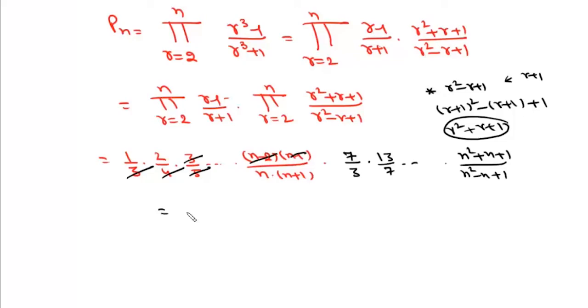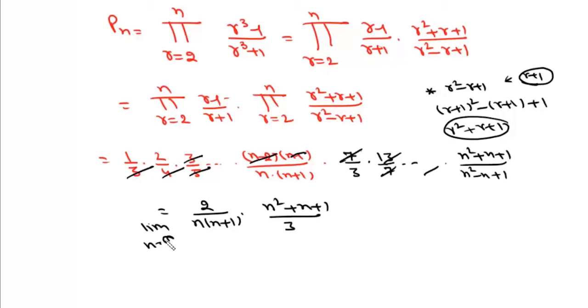So in the end we'll have 2 upon n(n + 1), and here since the difference is 1, terms will cancel immediately. So here we'll have (n² + n + 1) divided by 3. Now if we take this limit, n tends to infinity Pn, it will be simply the coefficient of n² in the numerator and denominator, which is 2 by 3. And that is the answer to this question.